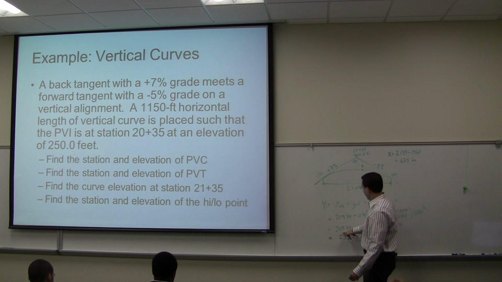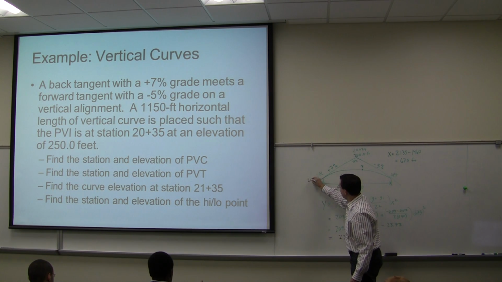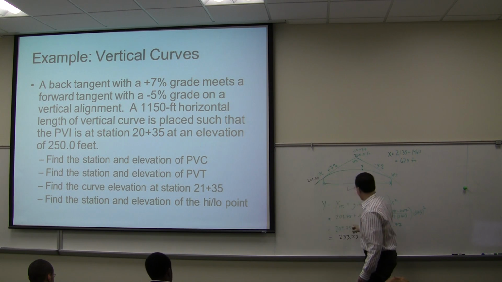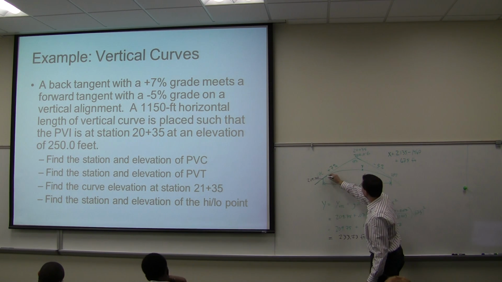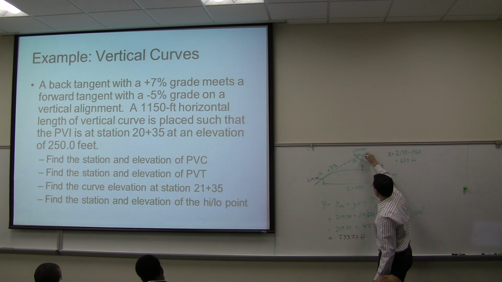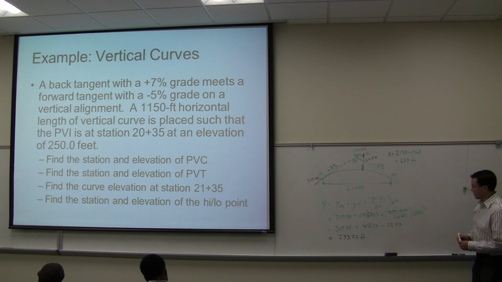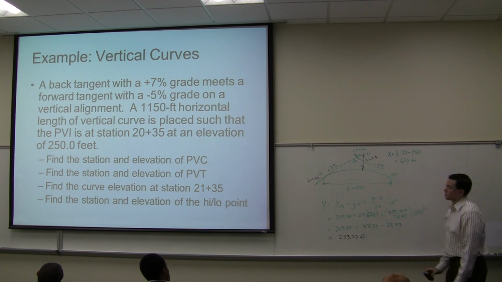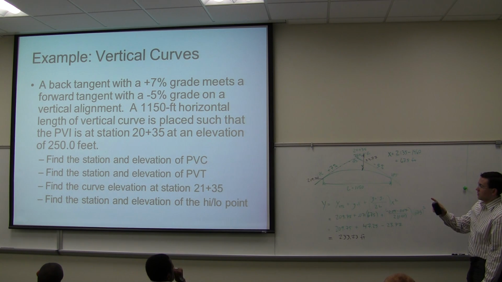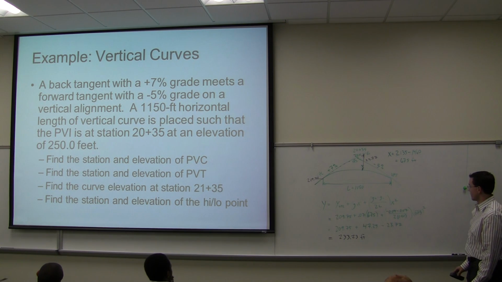So what's happening here is we're starting off at 209.75, going up 47.25, so we're projecting to here. This point is 47.25 above, and then this last term we're coming down 23.77. That's the way the parabolic equation works. Questions on that? So curve elevation is all we're at. Everybody got that?